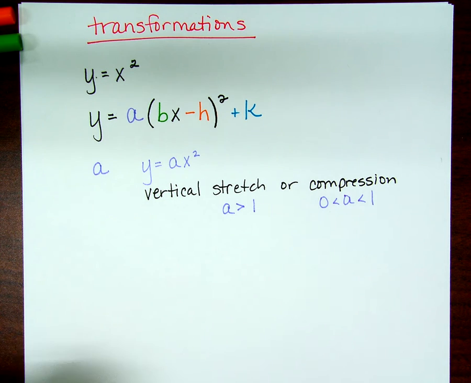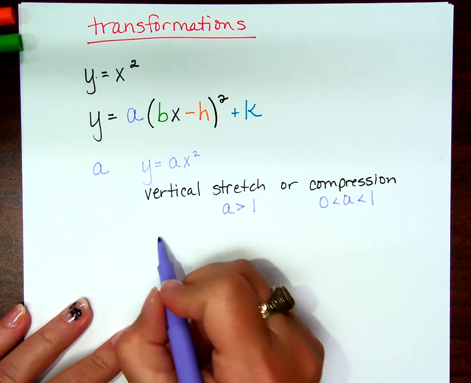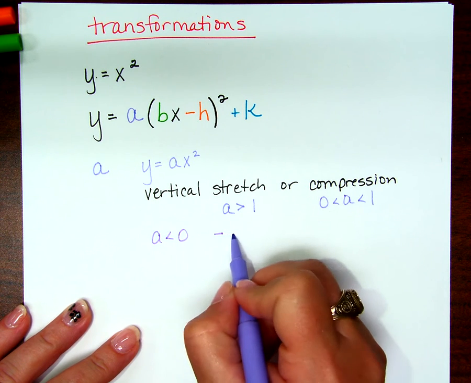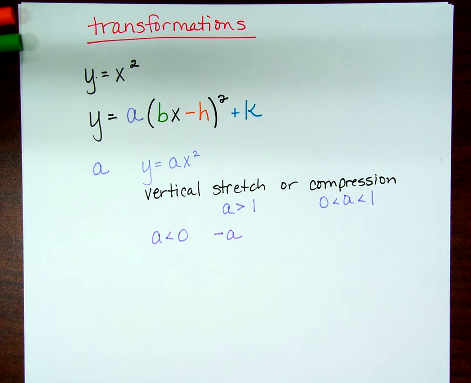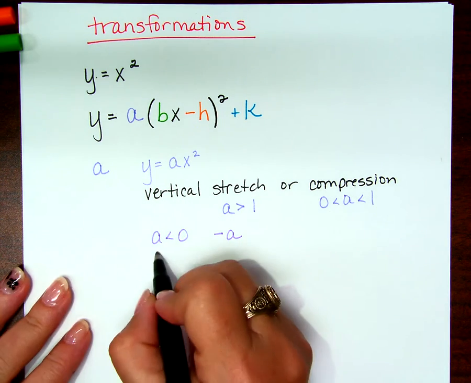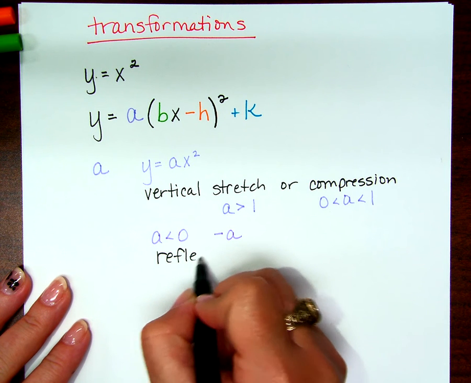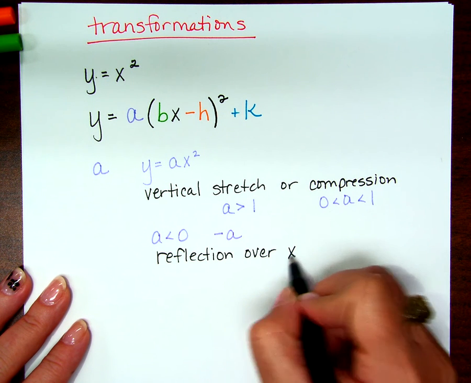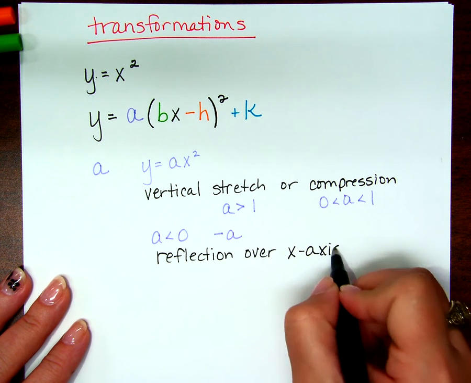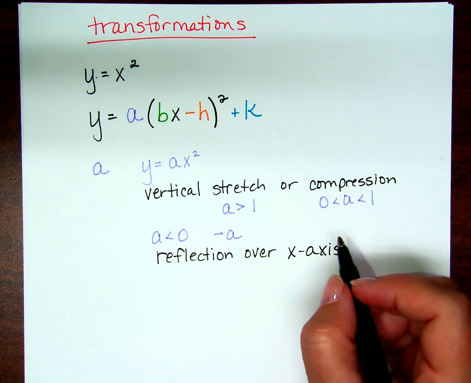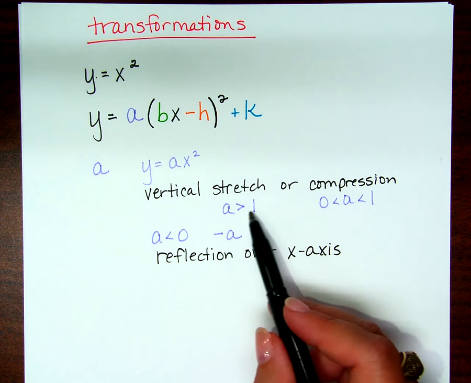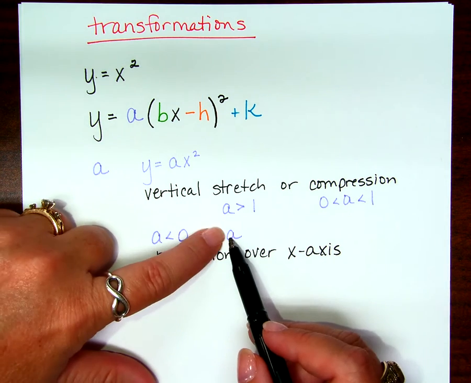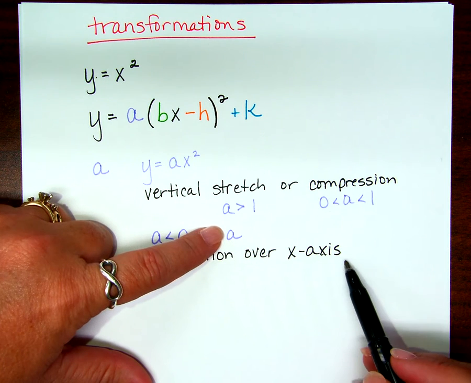If A is less than 0, so if A is negative, that's going to cause a reflection over the x-axis. Now, it doesn't matter if A is greater than 1 or if A is between 0 and 1 at this point, but if A is negative, that causes a reflection.